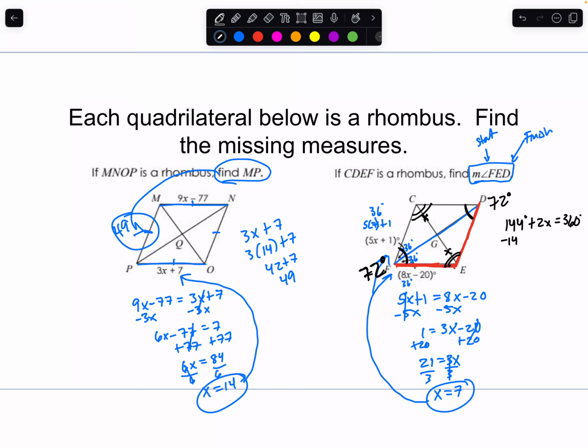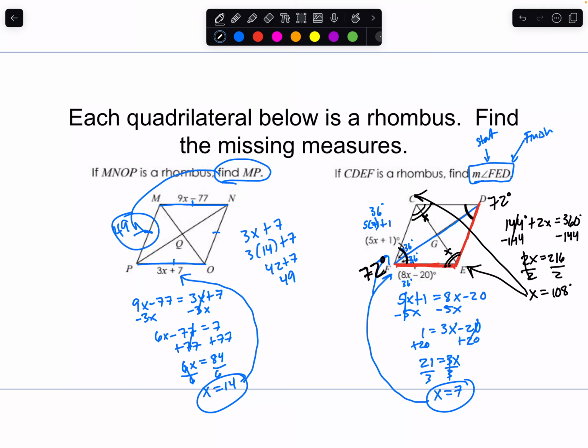I subtract 144 on both sides. 360 minus 144 is 216 degrees, which tells me there's 216 degrees left over from the two angles that I already know. When I divide it into the two angles, because they're congruent, I should have 108 degrees for angle E and 108 degrees for angle C.